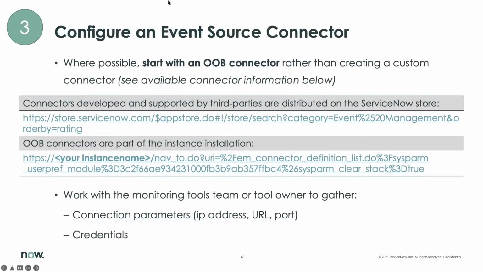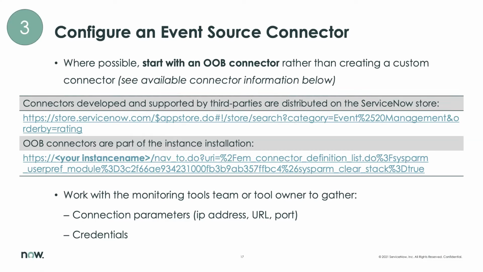So with that mid server serving as that liaison point for the data ingestion, we're going to look at how to set up these event source connectors. So these are basically those push and pull connectors that we looked at briefly in our slides that are connecting ServiceNow via that mid server to your monitoring tools that you already have. And so a lot of these connectors, as we'll see the full list in just a moment, are going to be out of the box.